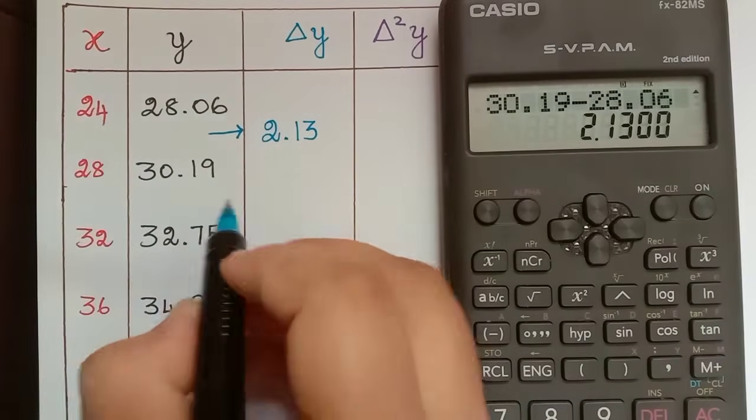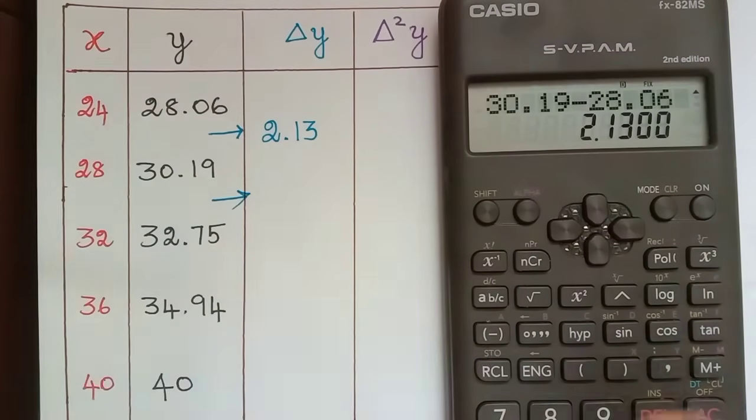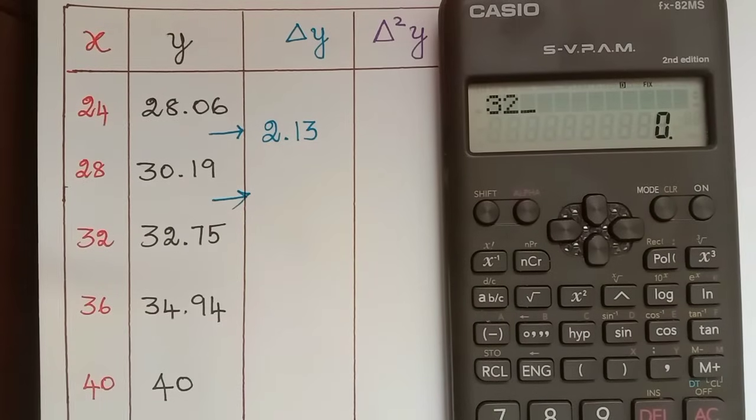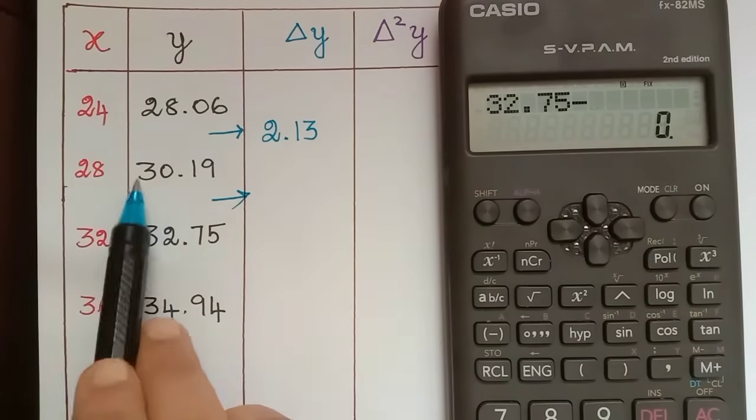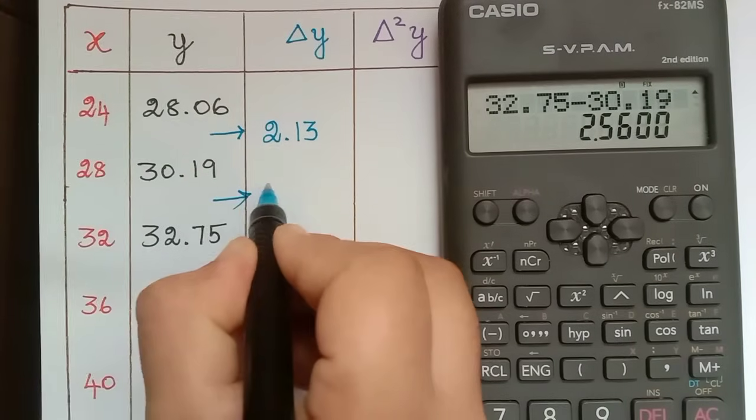Okay, now here what will be the entry? So it will be 32.75 minus this value 30.19. And we get it to be 2.56.